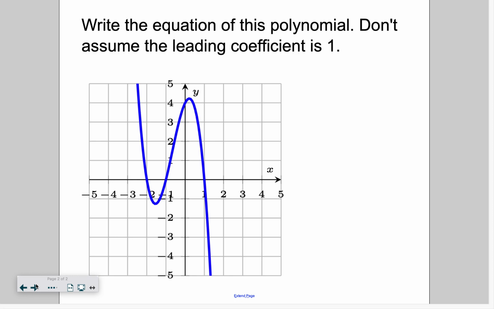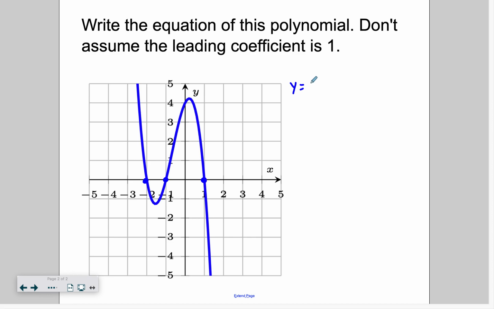The last type of question I think that students are going to struggle with is taking this and writing the equation of the polynomial, right? So with this one, it's just this process in reverse. Go through, find your zeros, but on the quiz it'll say, don't assume that the leading coefficient is 1.